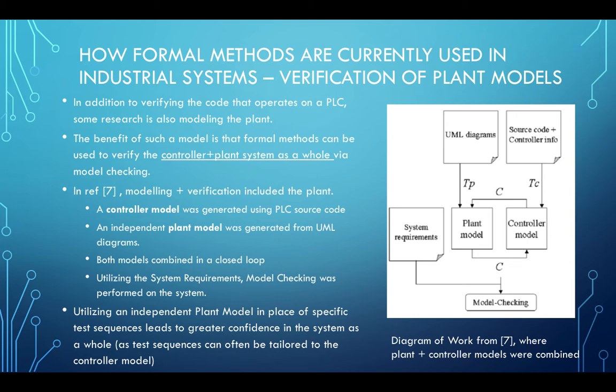And another benefit of having an independent plant model is that if it's truly independent in the way that it models the plant, the same model can be reused with multiple different controller models with minimal modification. So if a different controller model were made, you could marry this plant model with a different controller model and reuse that same plant model.